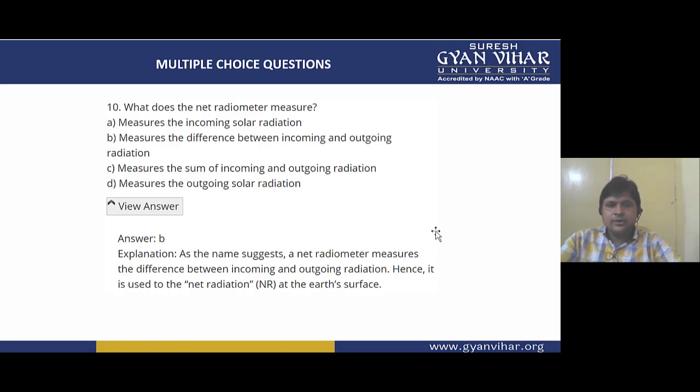The diagram I have already explained to you. In the diagram I told you that there is a transparent spherical ball, and you have an arrangement in which you fix the strip from one side to the other.